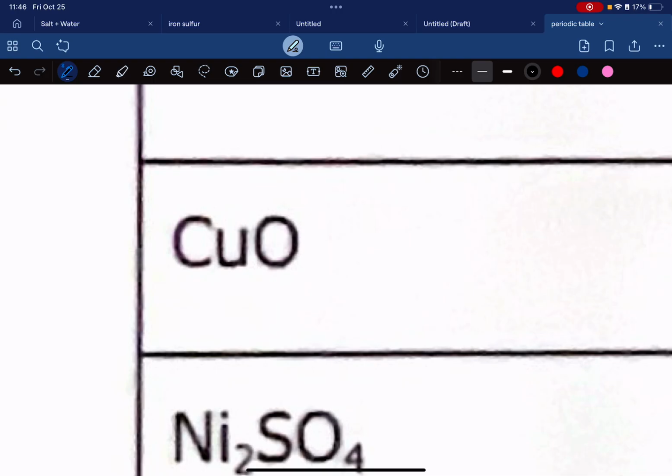Well, oxide always has a 2- charge, and I know that my charges have to add up to 0, so then copper must have a 2+ charge here, because I just have 1 copper and 1 oxide. And if it must add up to 0, then my copper has got to have a +2 charge.